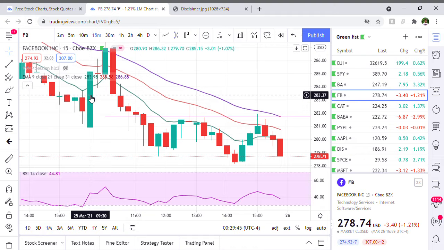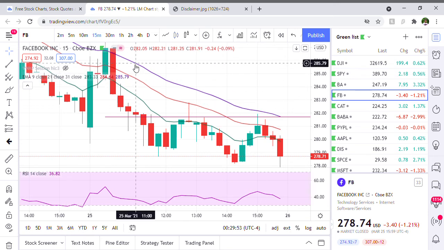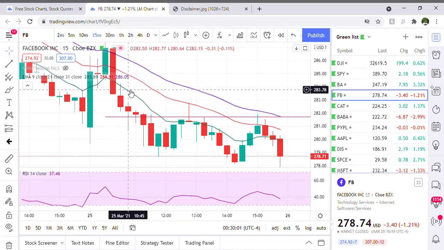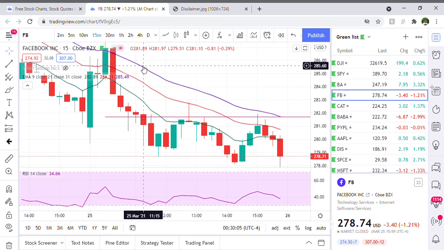The 2 hour thing that we already spoke about should be in your favor. The Nasdaq index is red, so it is in your favor. Okay, and the final thing, you must always see that these three lines are in proper order. The green, red, and the blue. Green is lowest, in the middle you have the red, and then the blue. This is my 9 EMA, the green one.